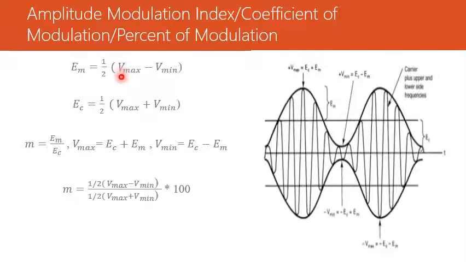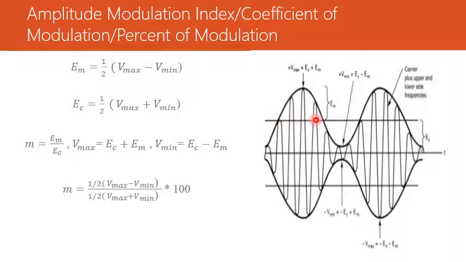Before going to that, we first want to know what is Vmax and Vmin. Vmax is the maximum peak voltage of the AM modulated signal, and Vmin represents the minimum peak voltage of the AM modulated signal. On the x axis we have t, and from this point till here we have the carrier amplitude, that is Ec, and here we draw one more reference point.